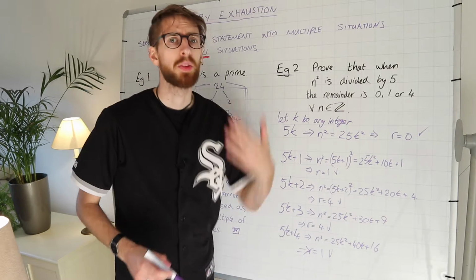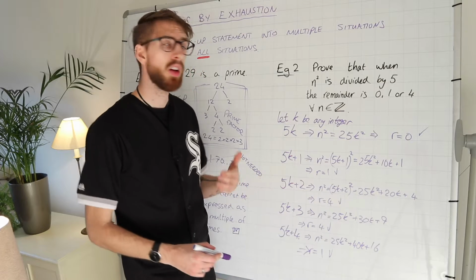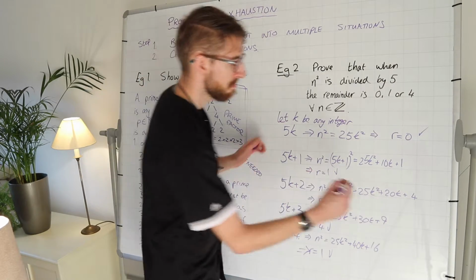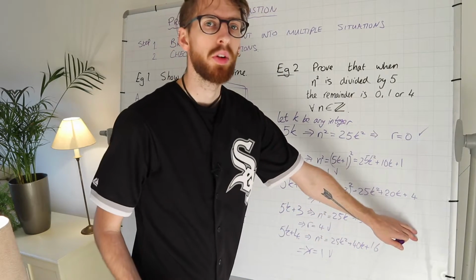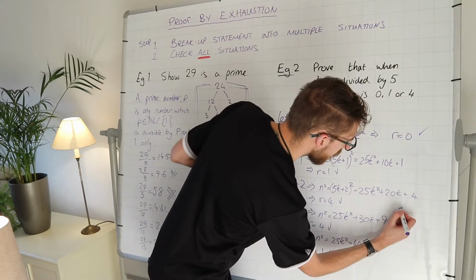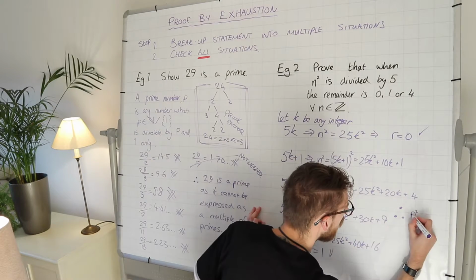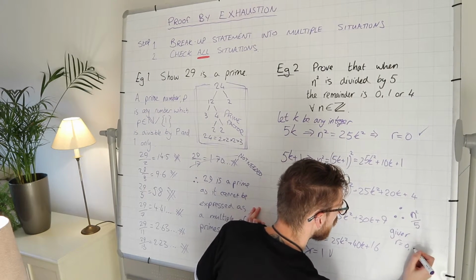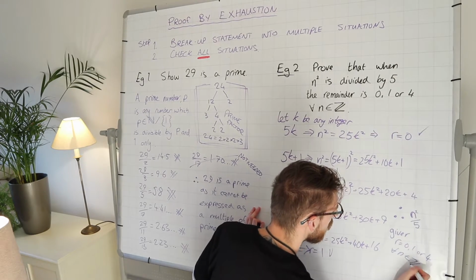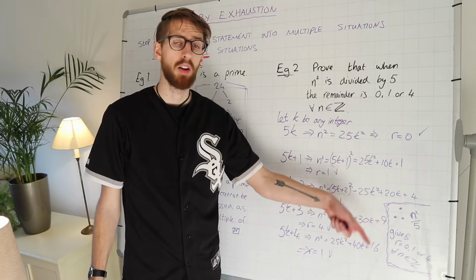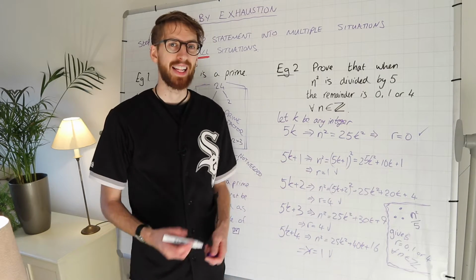However, as with all proofs, we need to finish our little proof by saying something like: therefore, n squared over 5 gives r equals 0, 1 or 4 for all n in the integers.